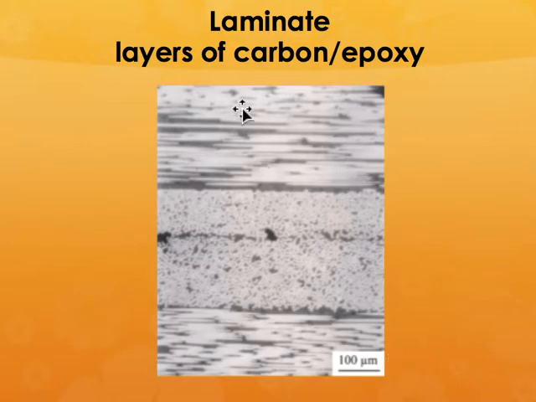So here in this case you have layers of carbon epoxy. You have fibers that are moving in this direction, and then you have fibers that are coming out of the screen, and here you have fibers that are moving in this direction. Or it can also be at an angle, like plus minus 45 or plus minus 60 and things like that. And you can calculate the final properties of your composite using laminate theories.